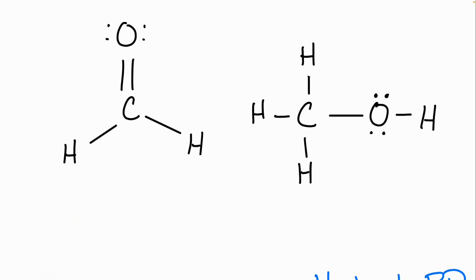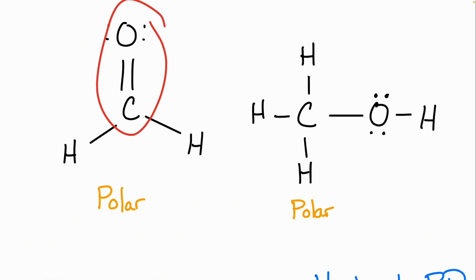If we look at our other two molecules here, these are both polar. We got these polar bonds here. All right, but one of these has that very special type of bond in it so that it can't just dipole-dipole interact, but it can make those even stronger hydrogen bonding interactions.